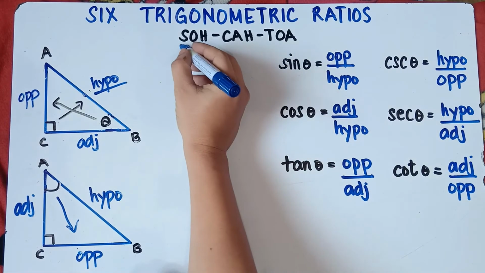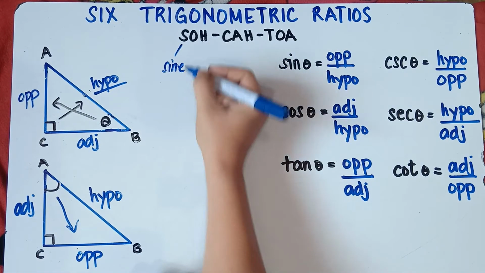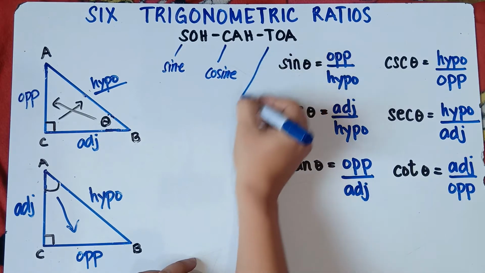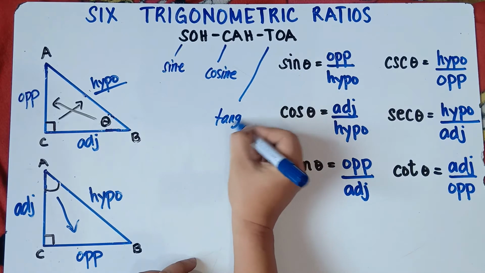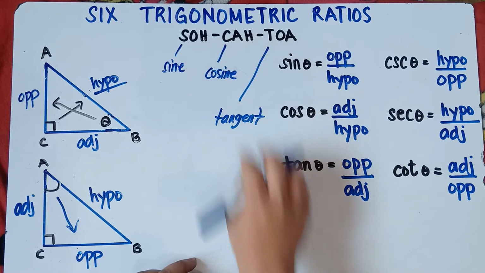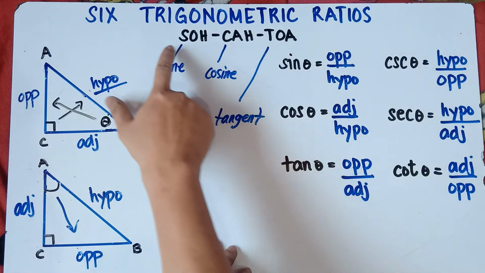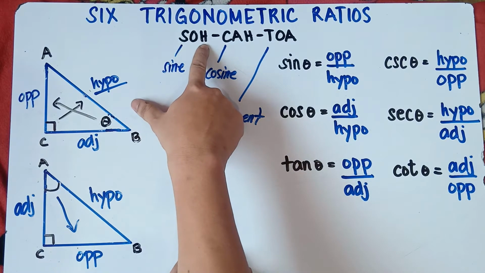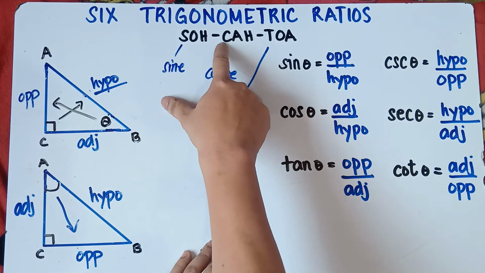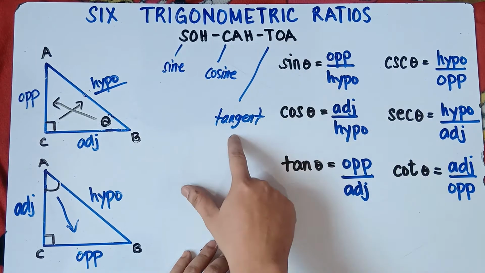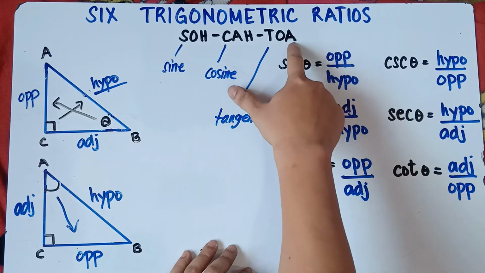This S represents sine, C is cosine, then T is tangent. Just remember SOHCAHTOA, and it will be really easy for you to answer the 6 trigonometric ratios. Sine is opposite over hypotenuse, cosine is adjacent over hypotenuse, tangent is opposite over adjacent.